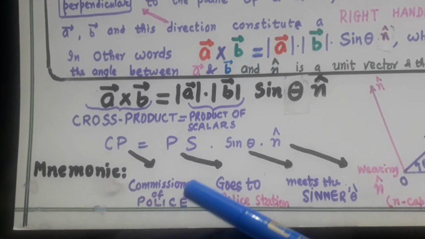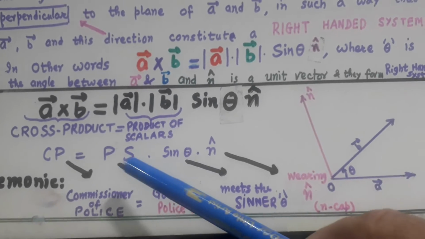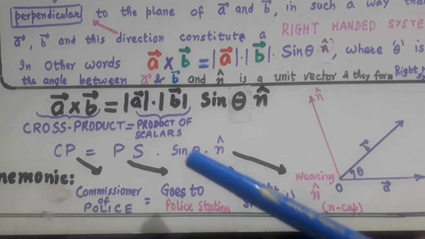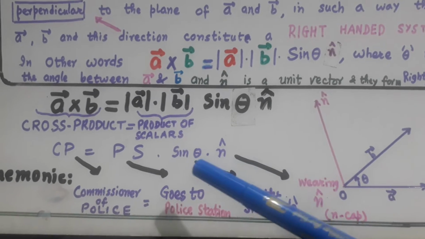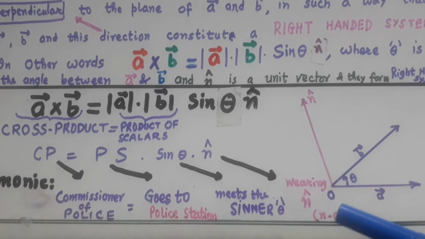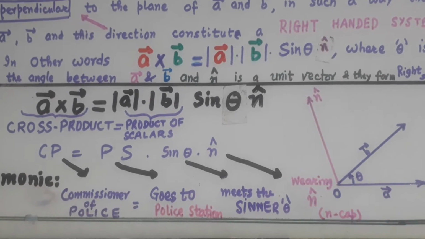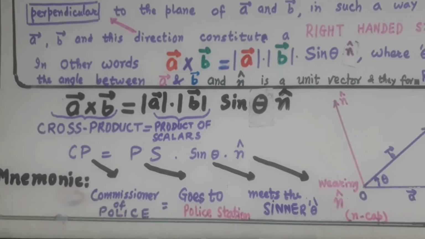Now the mnemonic becomes like this. CP, Commissioner of Police, goes to police station, PS, meets the sinner, theta, wearing n cap. Remember it like this. Again, I'll repeat it.